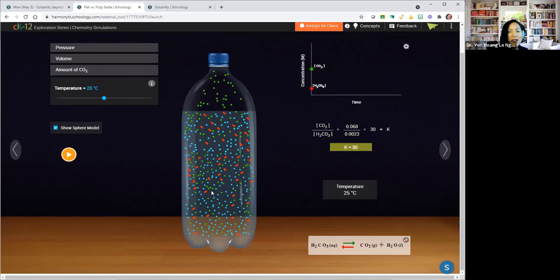Keep in mind the differences between solubility of solids versus solubility of gases, because gas behavior is very different than solid behavior. Changes in any of these will change the gas behavior. So really understand on a conceptual level what's going on, and on a graphical level what that would look like. That's your learning target today.